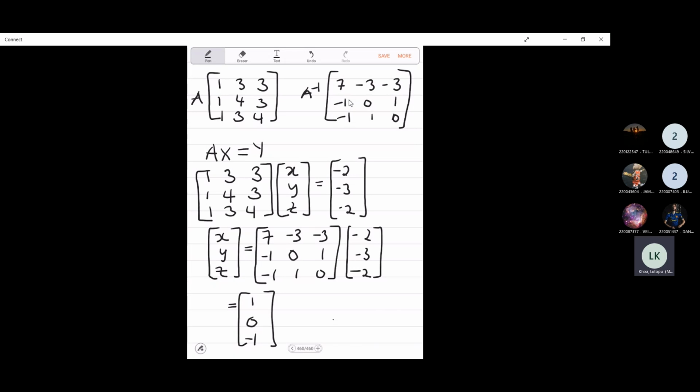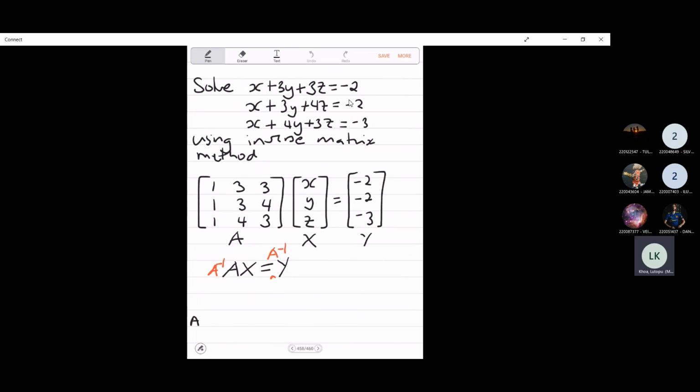It's giving me 11 instead of 1. Did I write this correctly? 7, minus 3, minus 3, minus 1, 0, 1, minus 1, 1, 0. That is correct. Let's go back. That is 1, 3, 3.